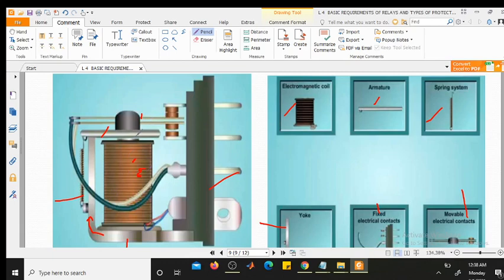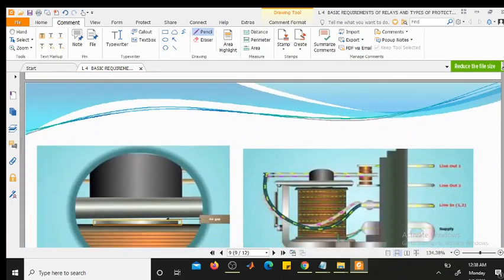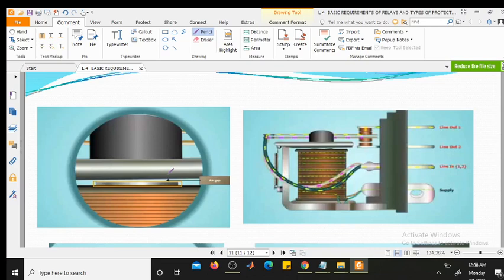There is an air gap between the iron core and the armature. When it is in the de-energized state, there is an air gap present between the soft iron core and this armature.